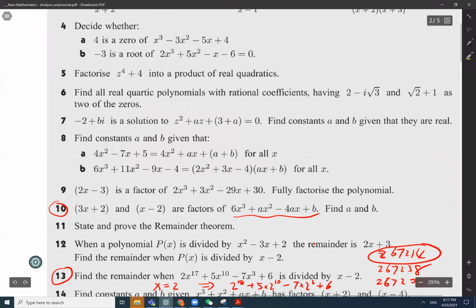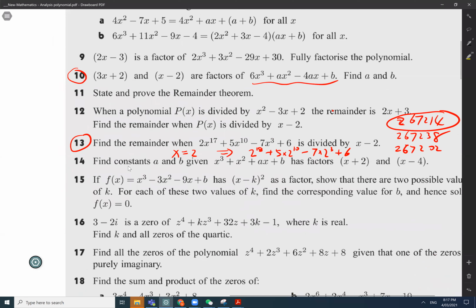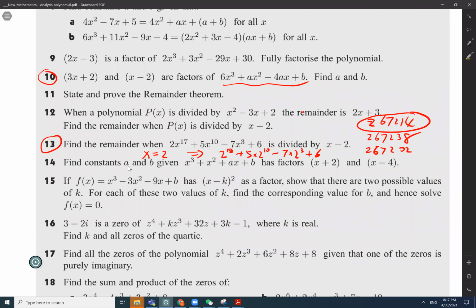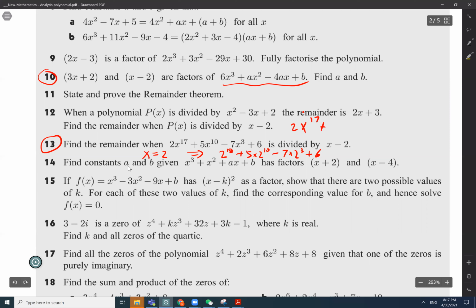Excuse me, Dr. Sam. For question 13, if x is 2, then won't x minus 2 be 0? And you can't divide something by 0? Oh, it's like this. If you divide by x minus 2, we can change to D times Q plus R, the multiplication form.